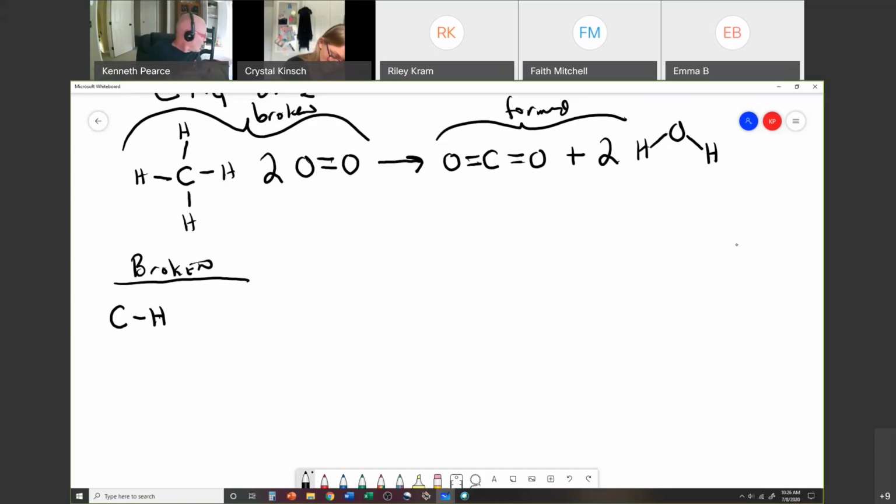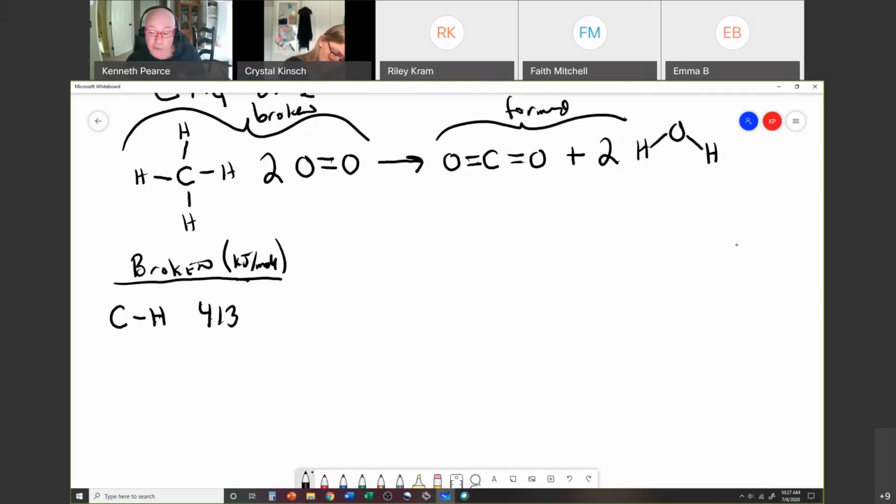I look on my table on page 326, and I see carbon-hydrogen is 413. These are all in kilojoules per mole. I'm not going to put any units down because that's understood.